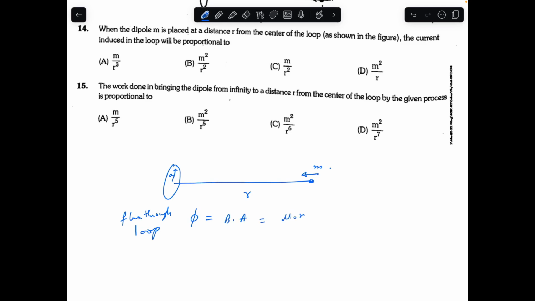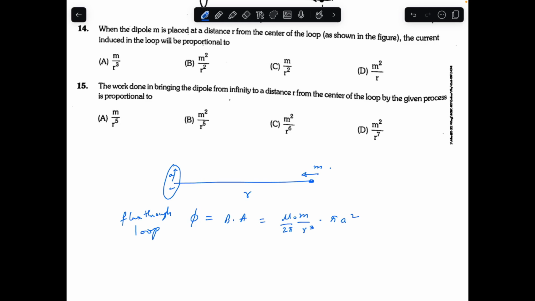B is given by mu naught by 2 pi, m by r cube, into area, which is pi a square. This is the flux. And this flux is the cause of induced current. So whenever flux through this is changing, what will happen? There will be induced current.